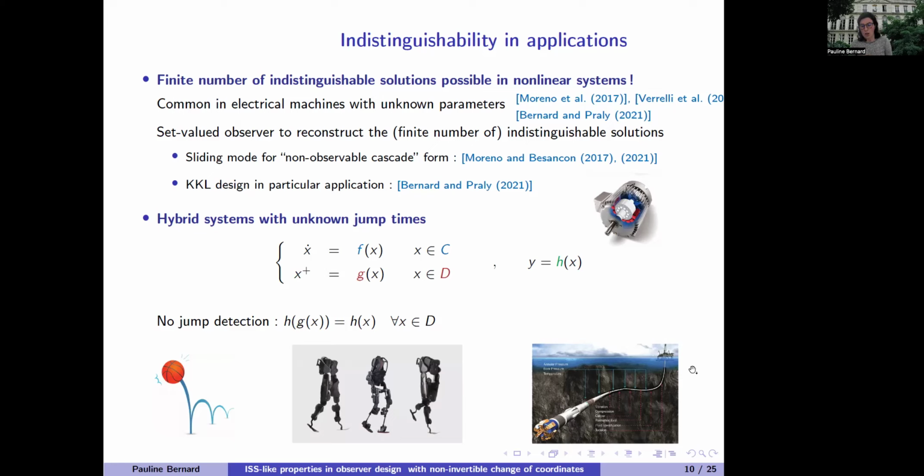Another context is for switch systems, when you have uncertainties in the parameters that tell you when you're going to switch among different dynamics. In particular, we encountered this in drilling applications with the so-called stick-slip phenomenon. For those who know about it, it's mechanical systems with dry friction, and when you want to control them, sometimes you may enter into some oscillatory behavior between moments where the object doesn't move because the drive force is too strong, and the moment where the force gets higher, it's going to move.